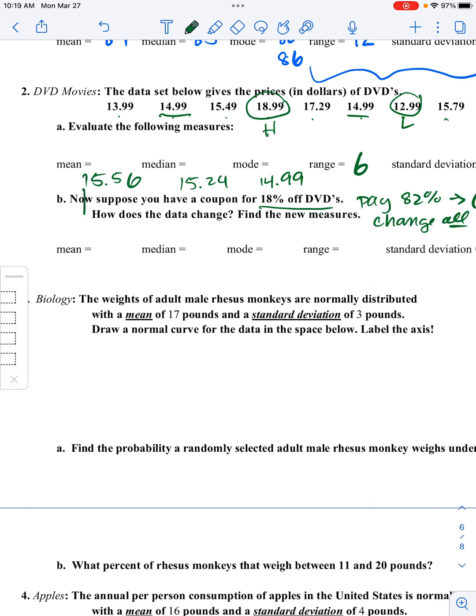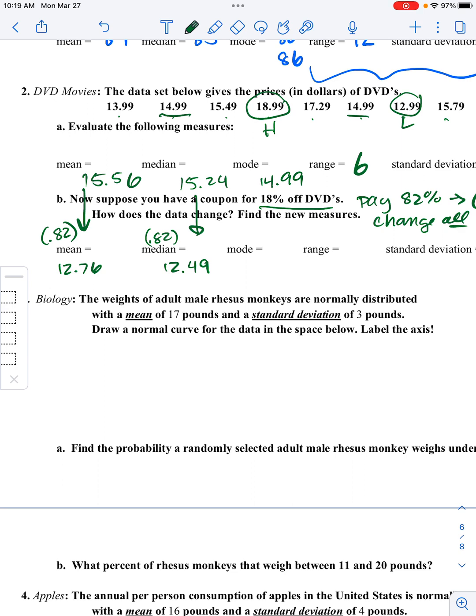So I'm going to take my old values and multiply them by 0.82. And so my new set of data is going to be 12.76-ish. My old median multiplied by 0.82, because all of them are going to be, is about 12.49-ish.